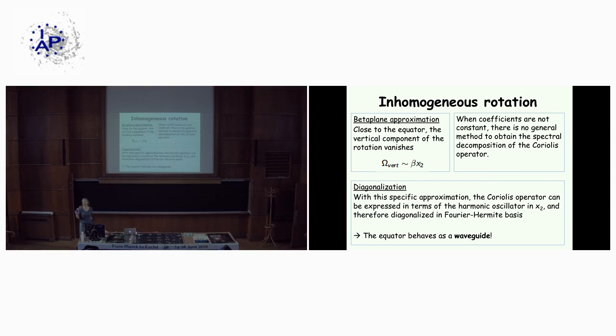Normally it should be something like the sine of the latitude, but here I will simplify this and just assume that the vertical component of the rotation is beta times x2, and x2 is just the latitude. This is a very standard approximation of the sine close to 0. It is what geophysicists call the beta plane approximation, and it's particularly important close to the equator.